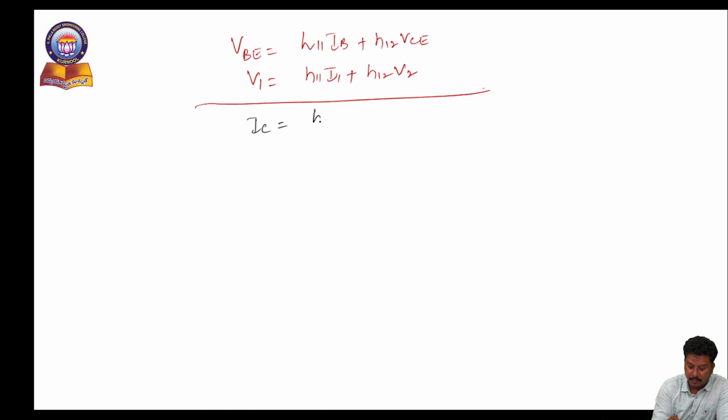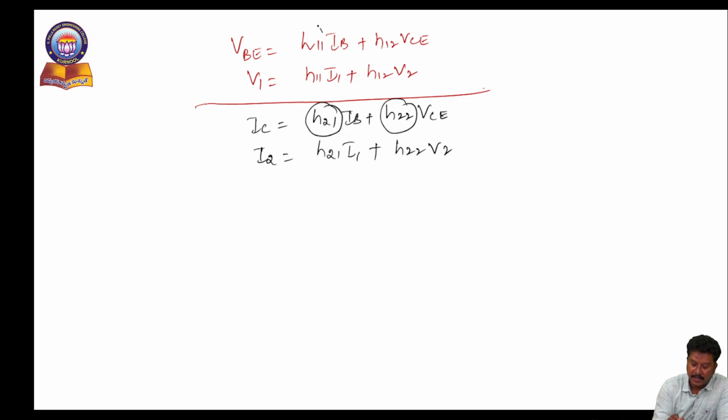IC is equal to H21 IB plus H22 VCE. With respect to the two-port network, I2 is equal to H21 I1 plus H22 V2. Now I have to find out what actually H21 will explain, and H22, okay, and H11 as well as H12.